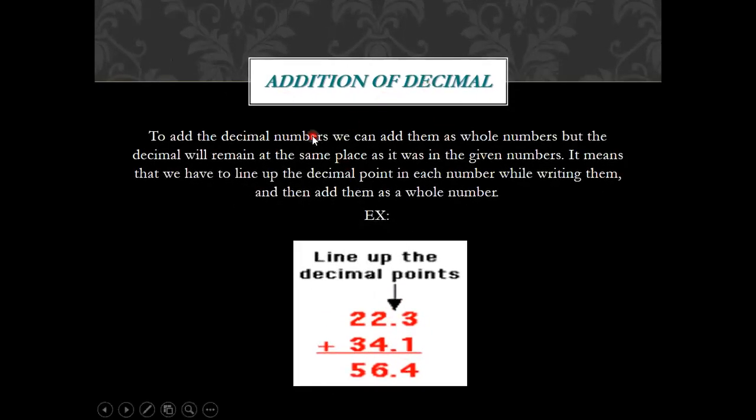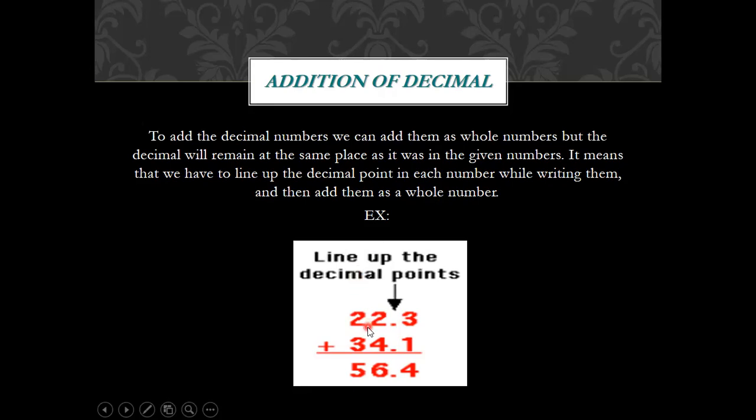Next, addition of decimals. So how can you add decimals? To add decimal numbers, we can add them as whole numbers, but the decimal will remain at the same place as it was in the given numbers. It means that we have to line up the decimal point in each number and then add them as whole numbers.